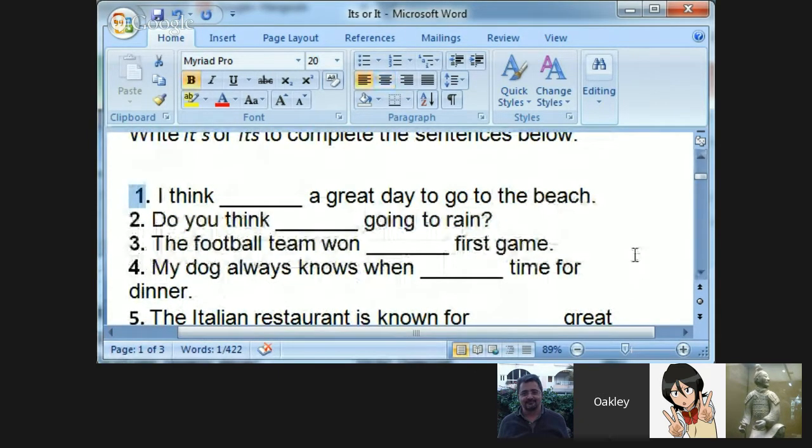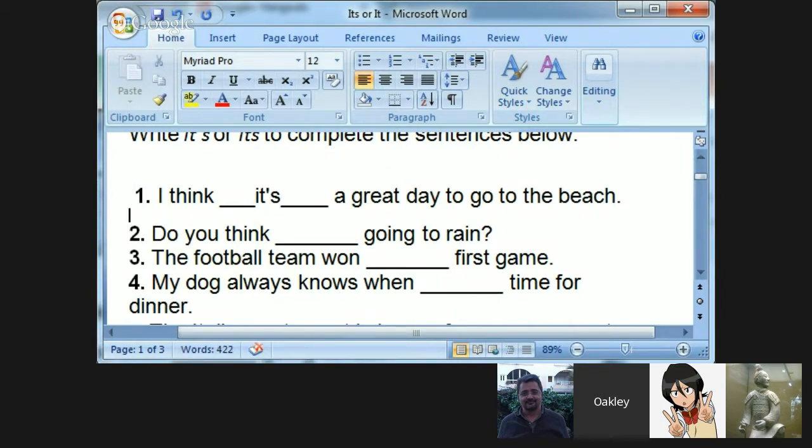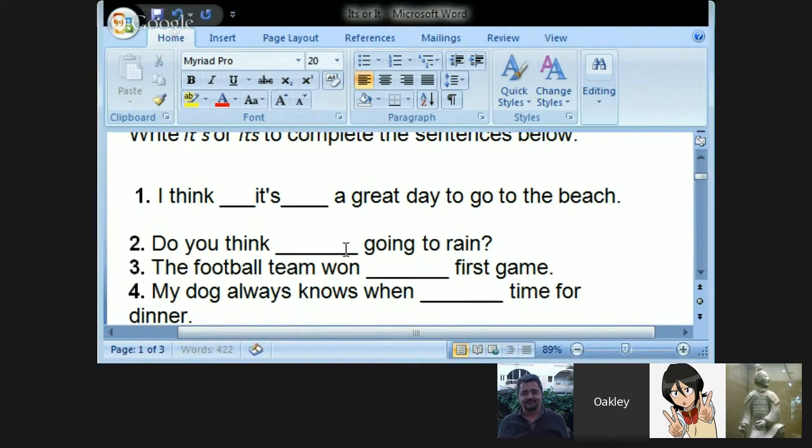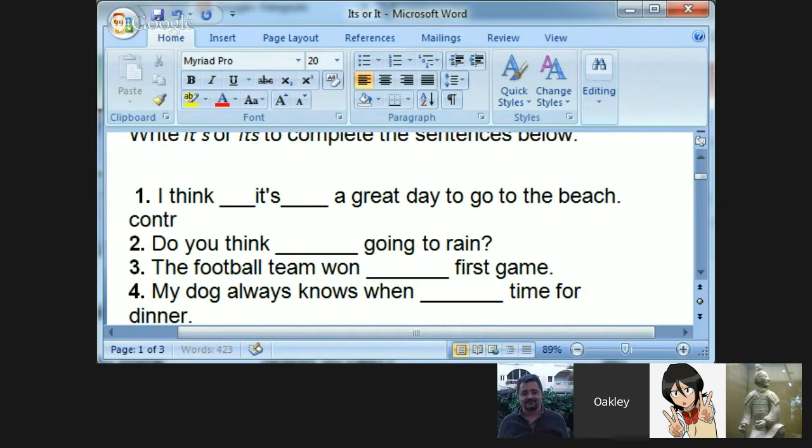All right, number one. I think it's a great day to go to the beach. It is a contraction. Okay, that is, by the way, contraction. Yes. I'll write it here for you so you can see it.